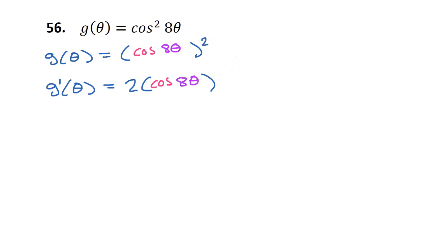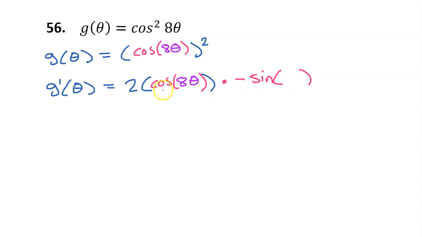But then we multiply by the derivative of what's on the inside. So the next layer in will be the cosine. Maybe I'll put some extra parentheses in here to make it clear what's inside of what. So it's time to take the derivative of cosine. The derivative of cosine is negative sine.